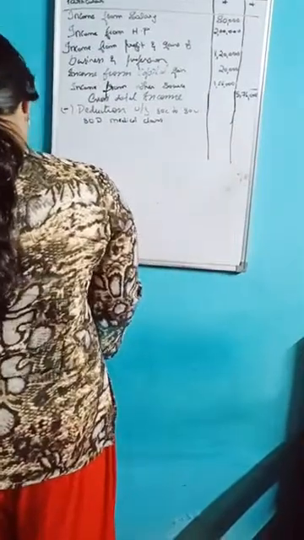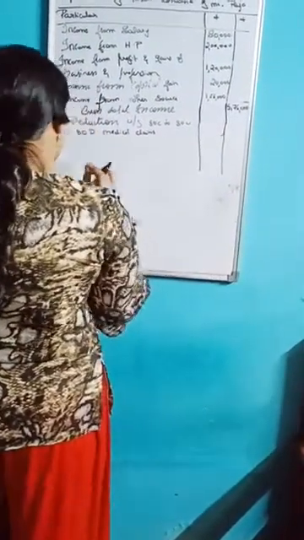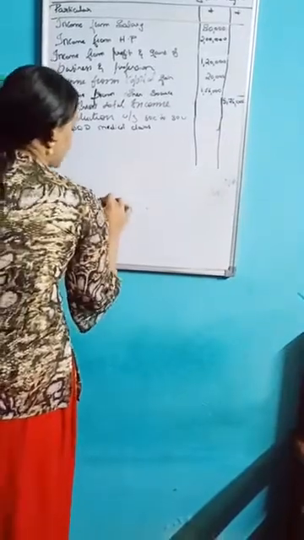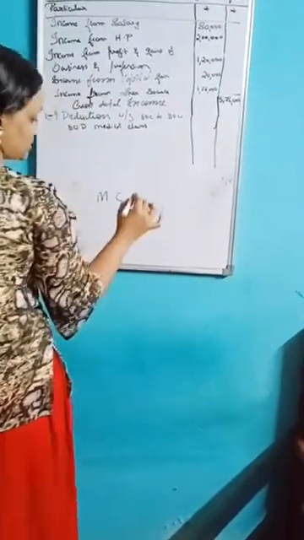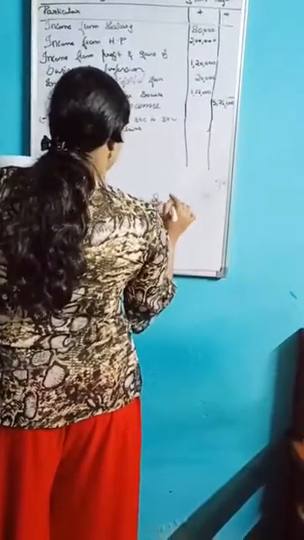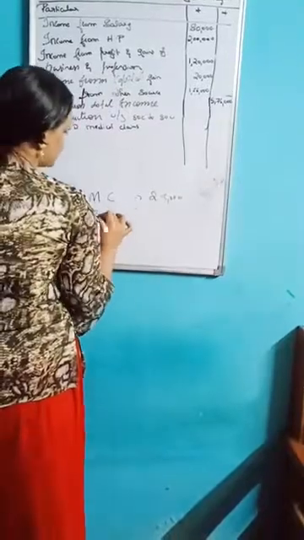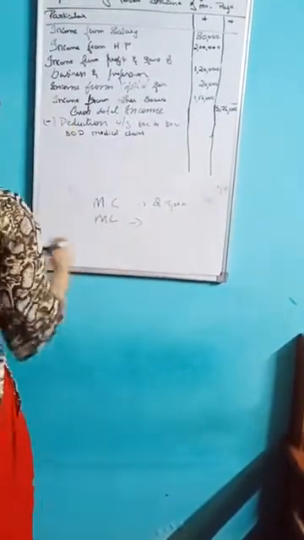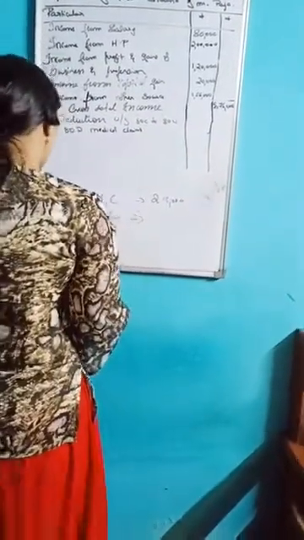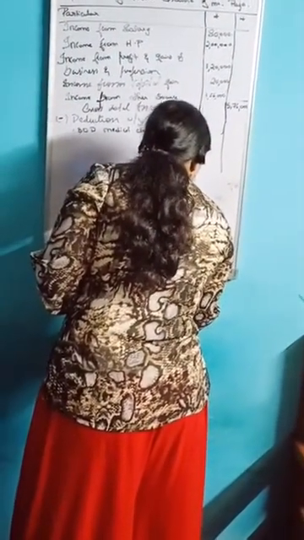Medical claims, in the question they have mentioned 28,000. Okay, and the maximum limit is 25,000.